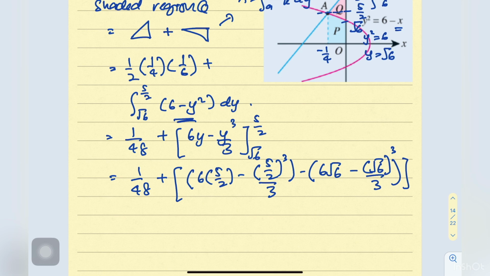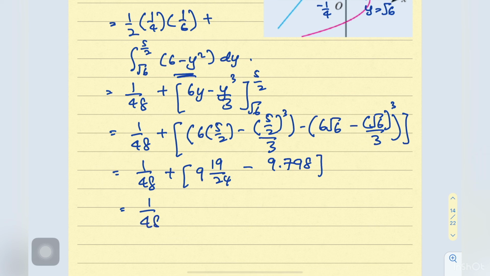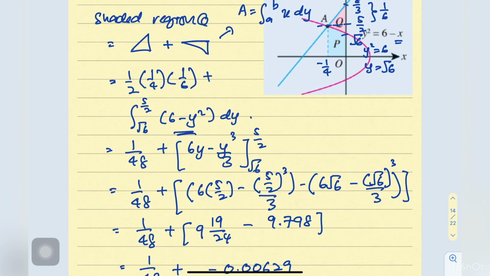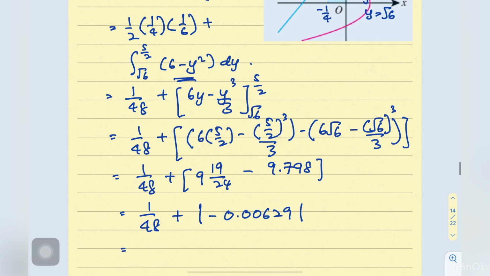So we get 919 over 24 minus 9.798. So this is 1 over 48 plus negative 0.00629. This makes sense because the position of the area is on the left side of the x-axis, meaning we just make it positive.